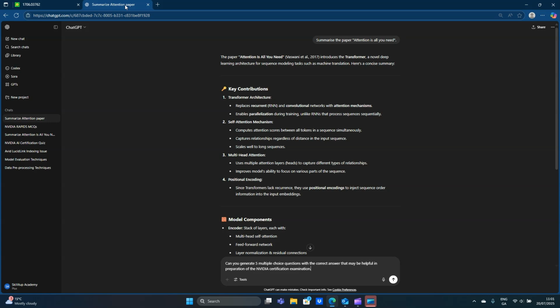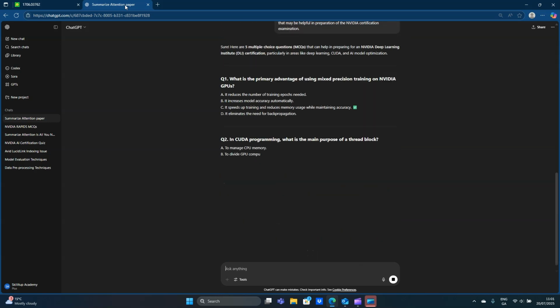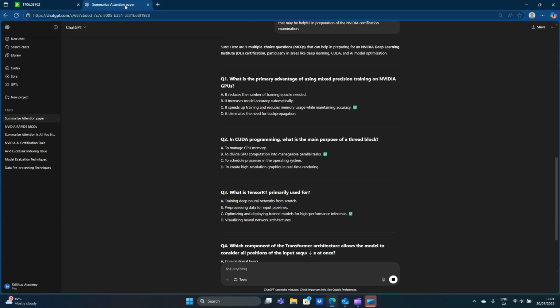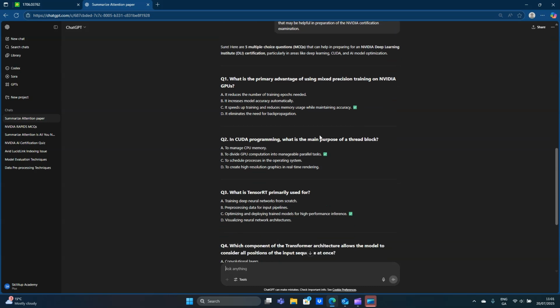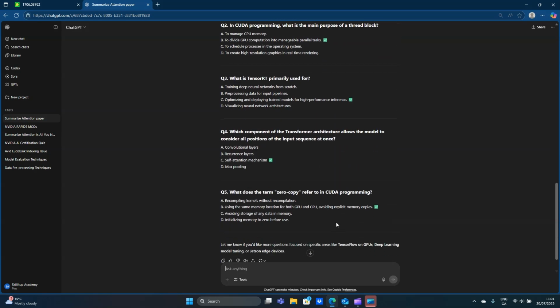That may be helpful in my preparation for the NVIDIA certification exam. Well, you see, it has created 5 questions like mixed precision training. The second question is on CUDA programming, TensorRT, and so on. But actually, what I meant was 5 questions from the paper, Attention is All You Need. Let me give it once again.